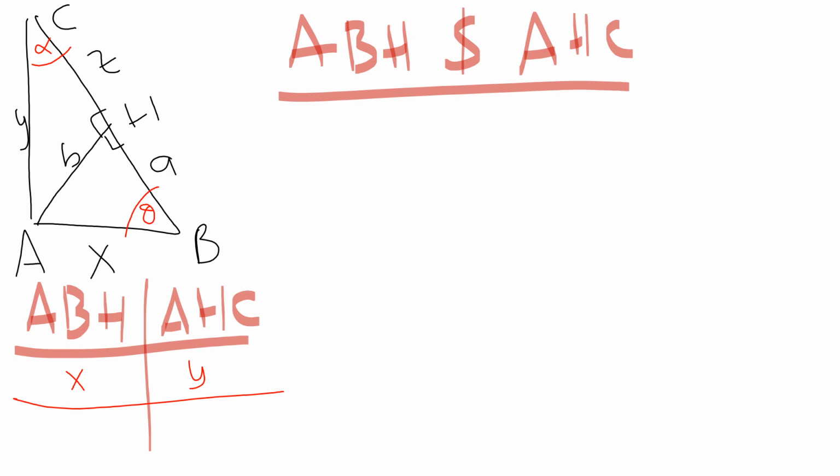So the adjacent of ABH with respect to our angle theta is A, while the adjacent of AHC with respect to alpha is Z. So here A for ABH, and then for AHC is Z. Then finally you realize that the opposite for ABH is going to be B, while the opposite of AHC is still B. They have the same opposite to their respective angles.